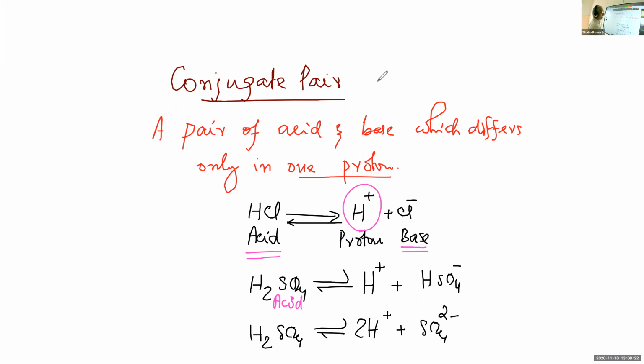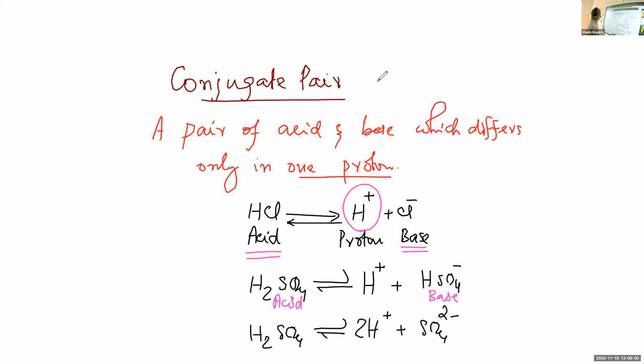You take the backward change, that is HSO4 minus ion, hydrogen sulfate ion, plus H plus giving H2SO4 back. So in the reverse change, HSO4 minus ion is acting as a base because it can accept a proton.